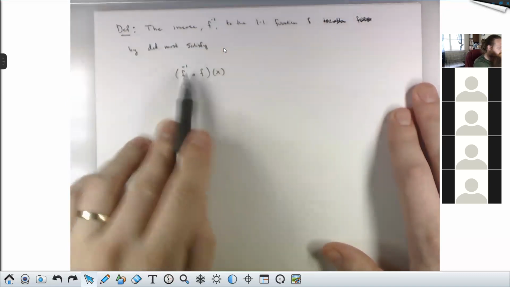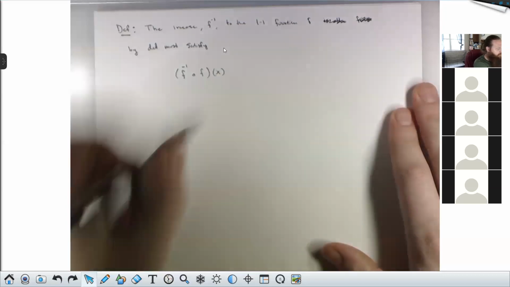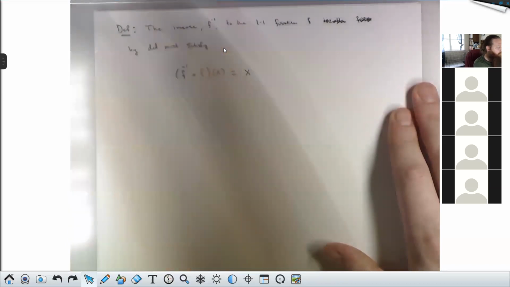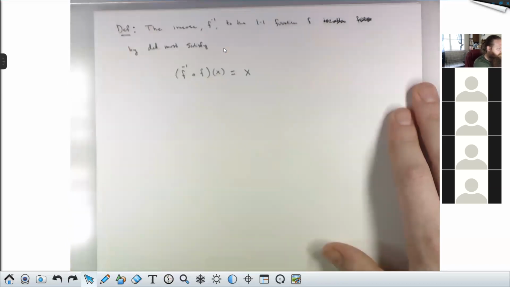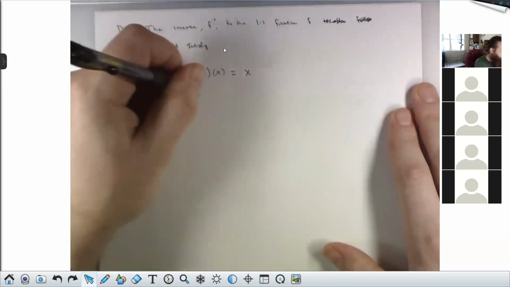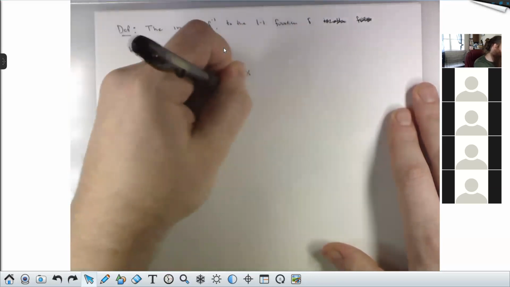F inverse of f of x is equal to x. And if you run it the other way, f of f inverse of x is equal to x.